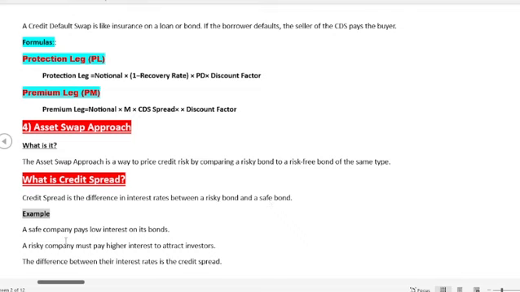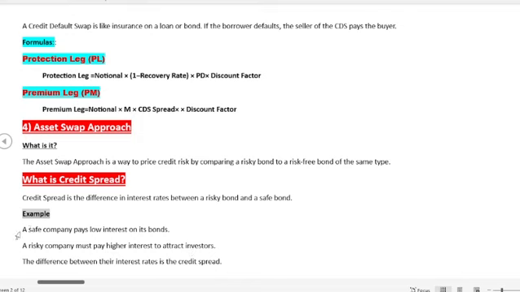A safe company pays low interest on its bond, as compared to a high-risk company. A risky company must pay higher interest to attract investors.